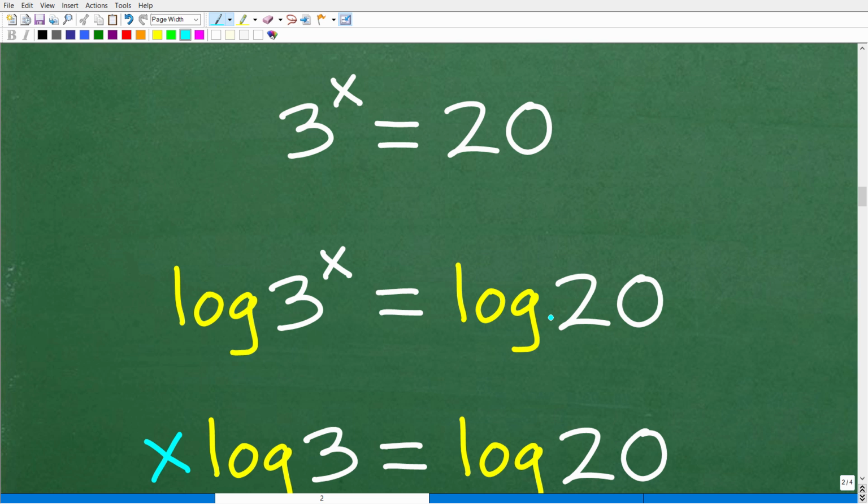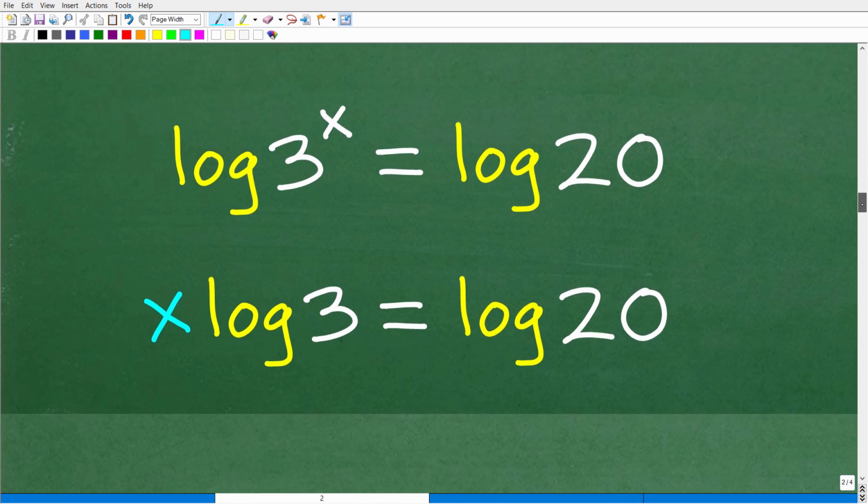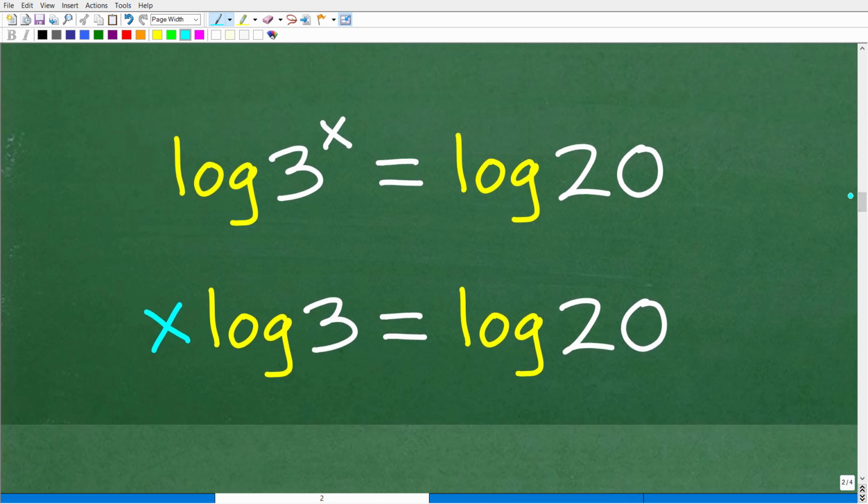All right, so we're going to take the log of both sides. Now, do not do anything yet with your calculator. That'll be at the very end. What we're going to do is take the log of both sides. Remember, the objective here is to solve for x. Now, when you study logarithms, there are some properties of logarithms that you need to know.